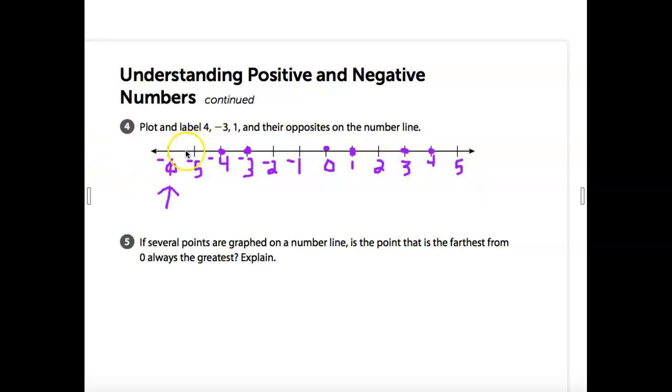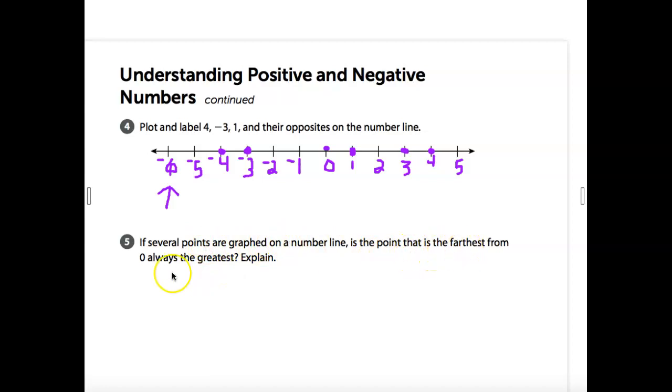And it's 6 away from 0, okay? So this point is the farthest from 0, and it's the smallest on this number line, okay? This one is not as far from 0, but it would be the greatest number, even though this is 5 and that's -6. So I hope that helps.